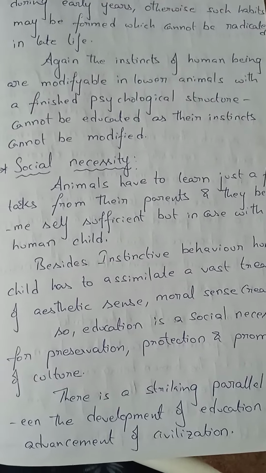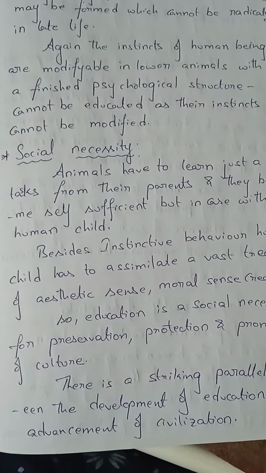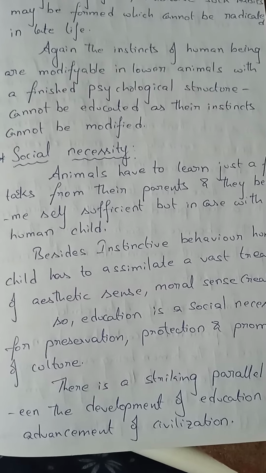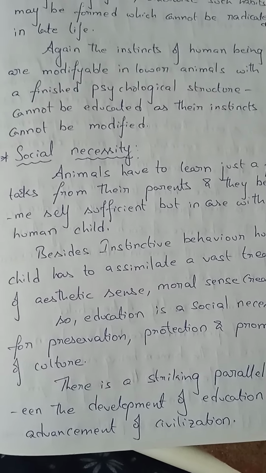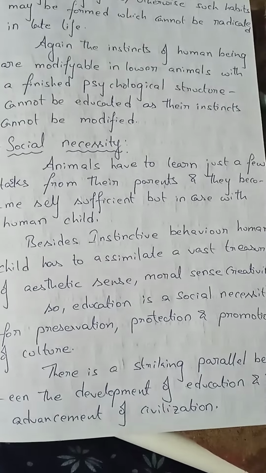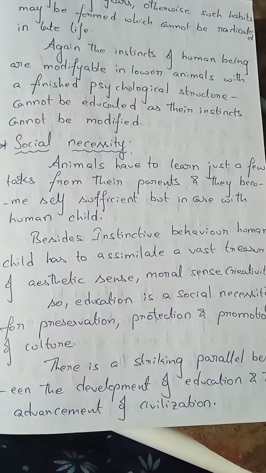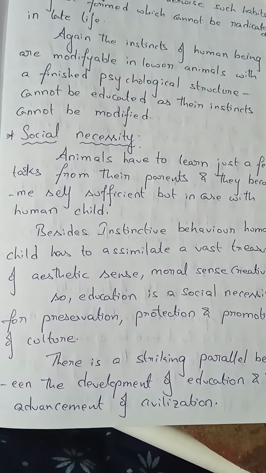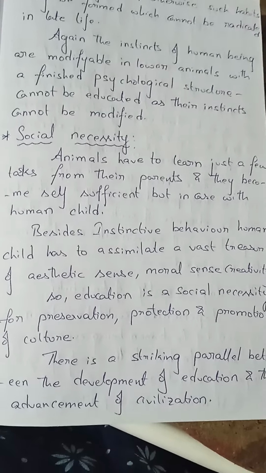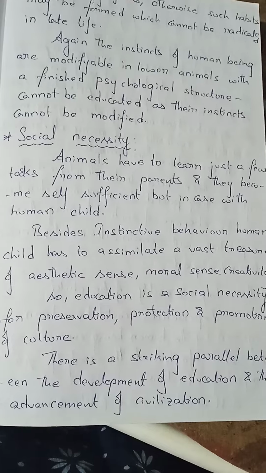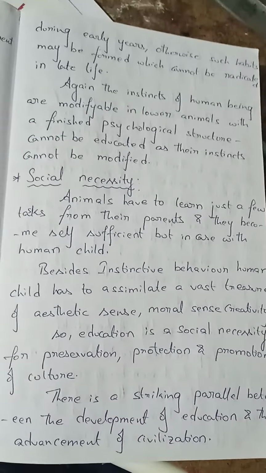Again, the instincts of human beings are modifiable; lower animals with a finished psychological structure cannot be educated as their instincts cannot be modified. And the next one is social necessity. Animals have to learn just a few tasks from their parents and they become self sufficient, but in case of the human child, besides instinctive behavior, the human child has to assimilate vast treasures of aesthetic sense, moral sense, creativity.